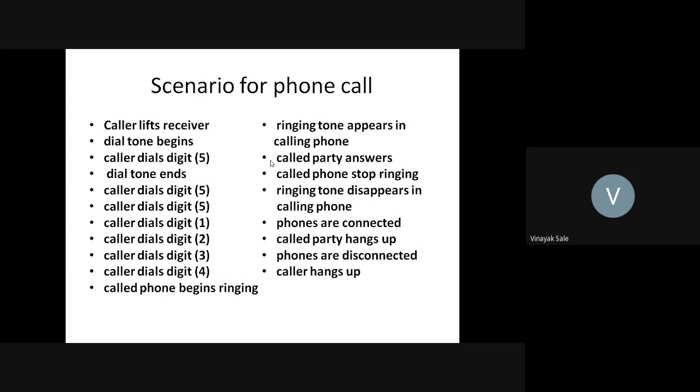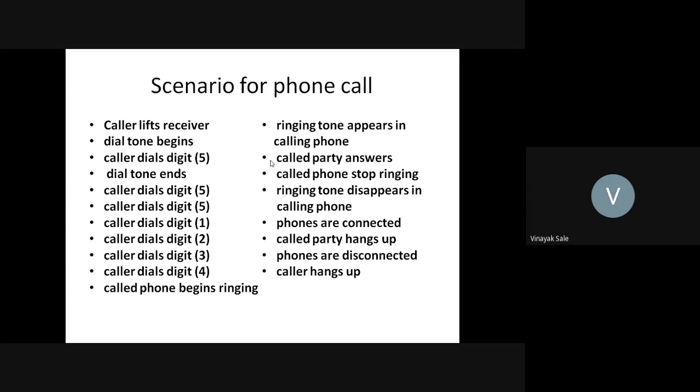If we dial some digit, the dialing tone ends. Then the called phone begins ringing, that is, the ringing tone appears in the called phone. The called party answers.